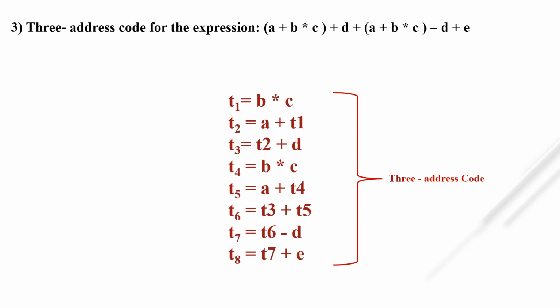We have to write only the 3 address code for the expression. So we stop here. But in the examination, if they ask for the 3 address code implementation or representation, then you have to write this 3 address code and then represent quadruple, triple and indirect triple. So the solution of that question is this much.